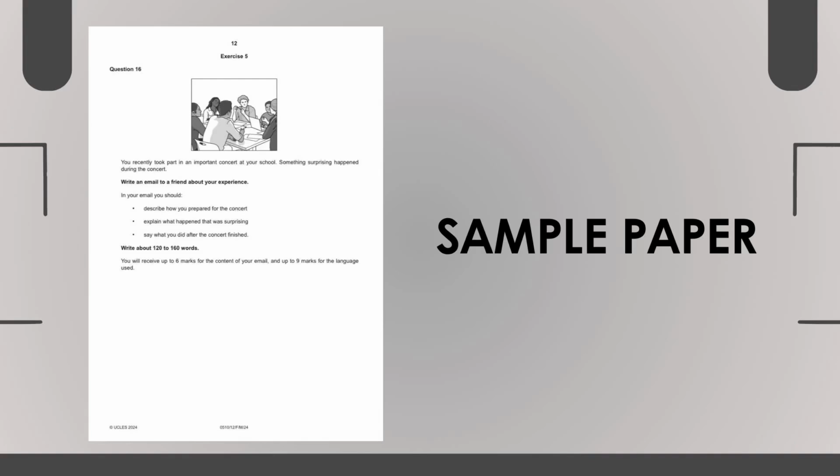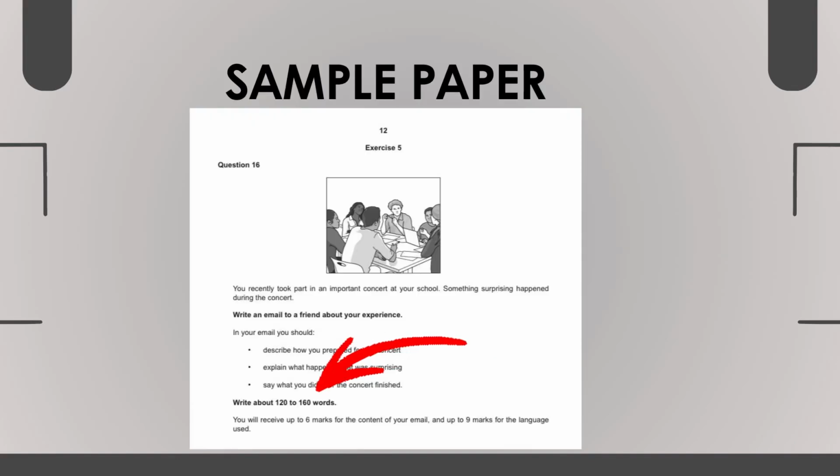For the 2024 to 2026 syllabus, the word count has shrunk from 200 words to 100 to 160 words only. That means it's shorter and easier for you to score.